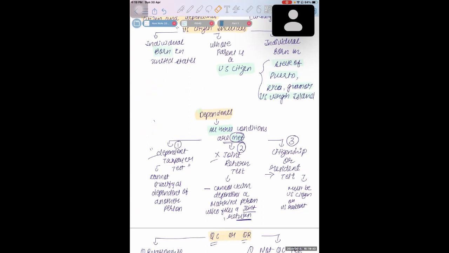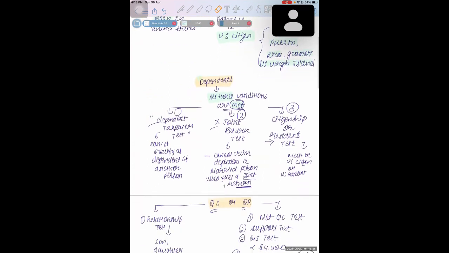If they fall under these three, then they are going to be eligible to be claimed as a dependent. And if the status is married filing separately, then also it's fine. Only MFJ is related here. That person should not file a joint return.